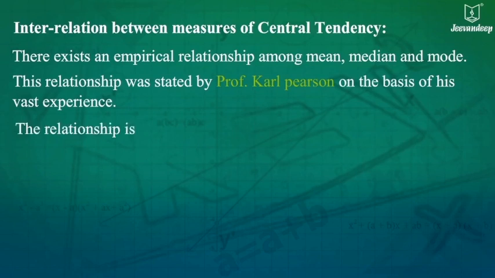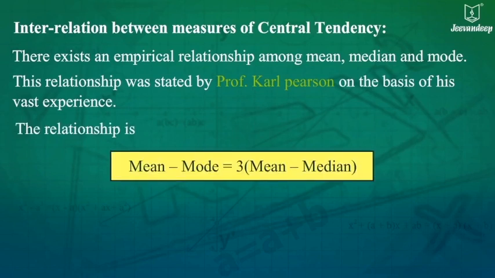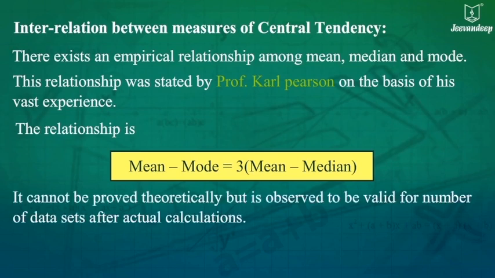The relationship is: mean minus mode equals thrice the difference between mean and median. It cannot be proved theoretically but is observed to be valid for a number of data sets after actual calculations.